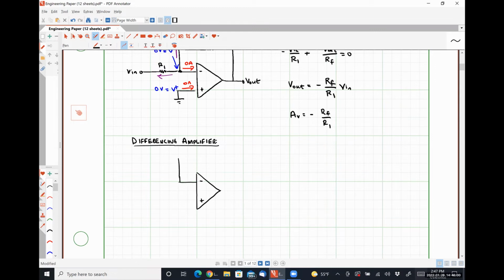I'm going to have a feedback resistor. Let's just call this guy R. And I'm going to have another resistor R between the inverting input terminal and my input signal V2. Okay. Or let's call it VN2.